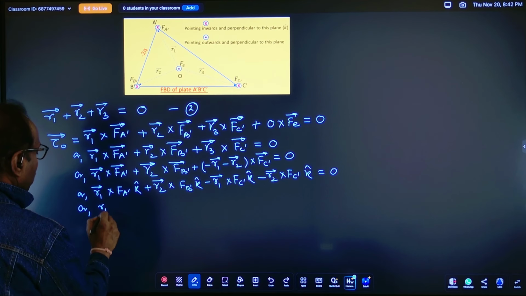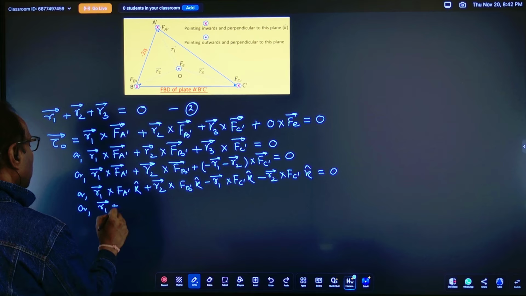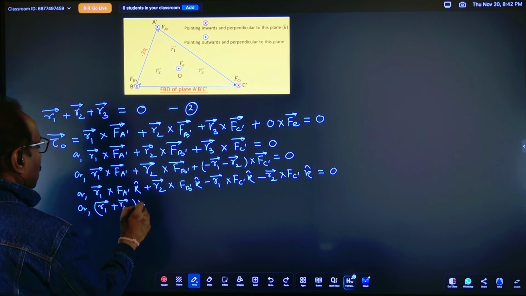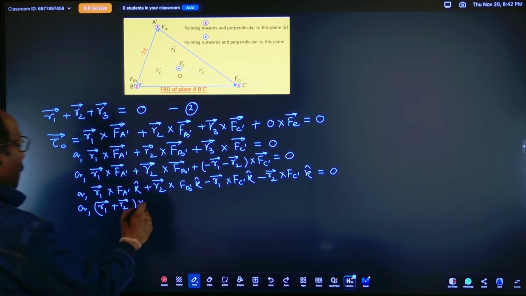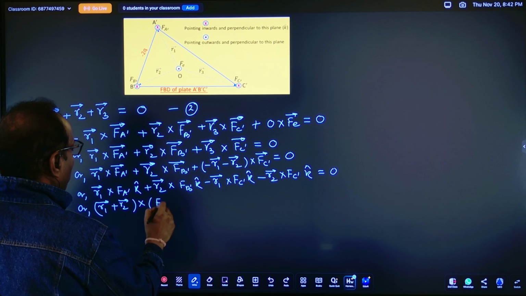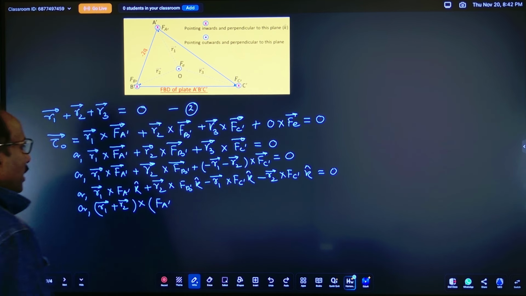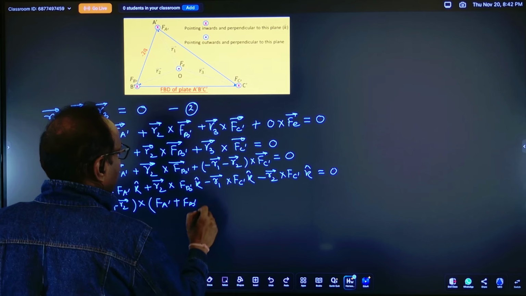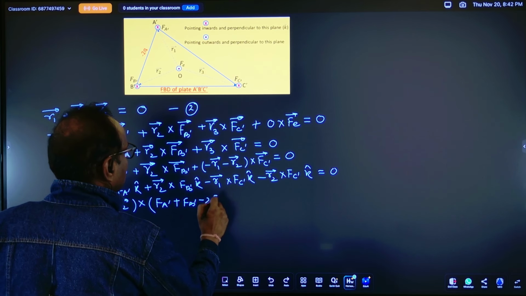Further, if you simplify it, it will become R1 plus R2 cross Fa prime, Fb prime minus 2 Fc.